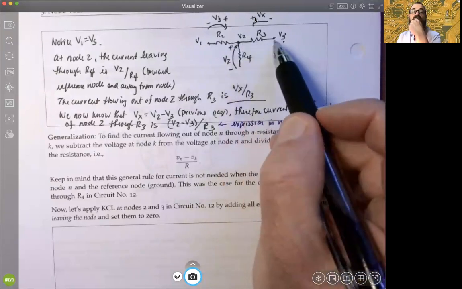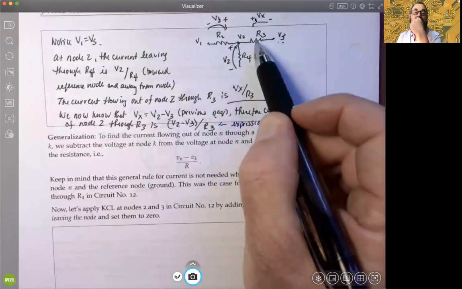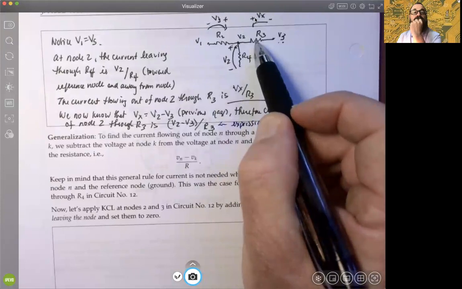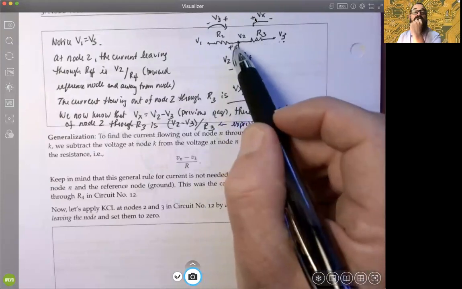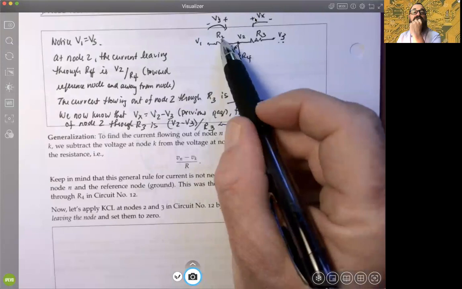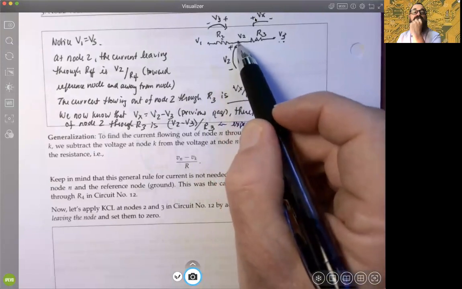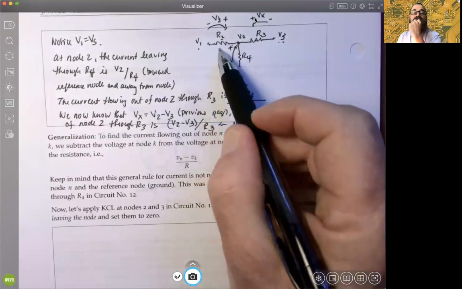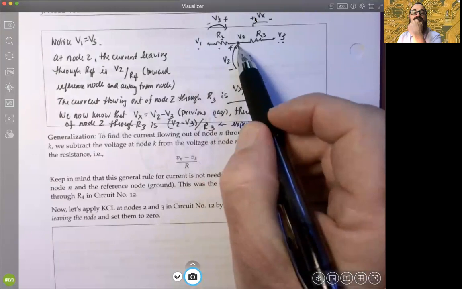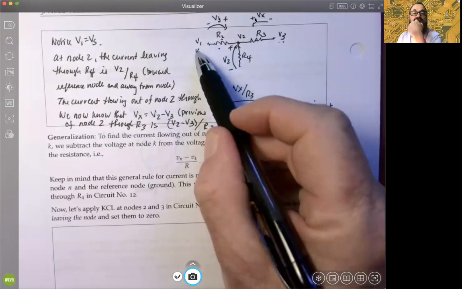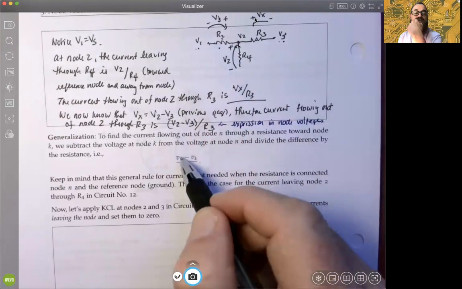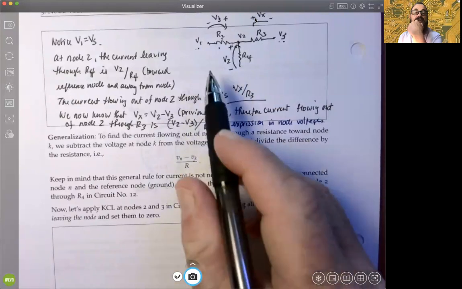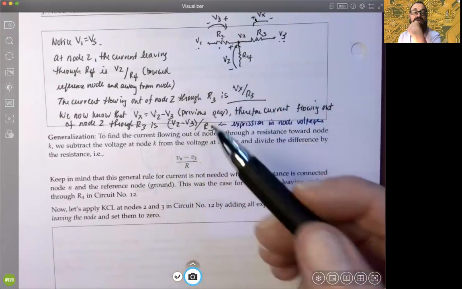So it's V2 minus V3 divided by R3. Similarly, if you wanted Vy, you could get it by V2 minus V1 divided by R2. It's always, where are you at? Where do you end up? So it's always starting where you are, then subtracting the voltage where you would end up, and then dividing by what resistance you passed through.